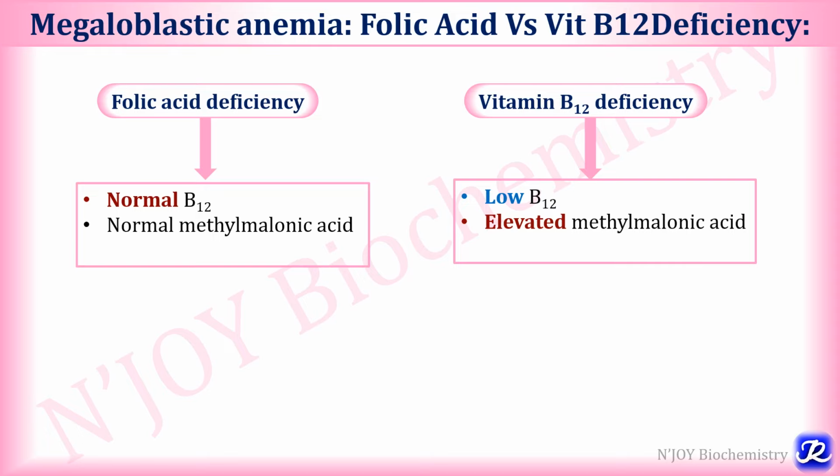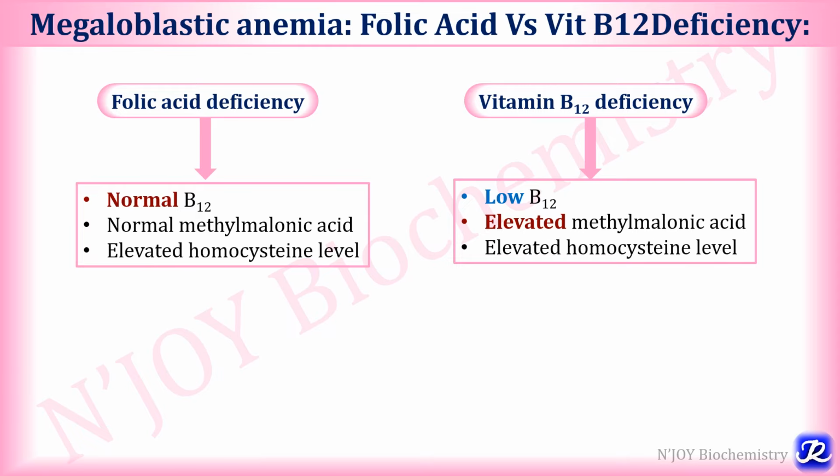Now, the methylmalonic acid level in the blood will be normal in folic acid deficiency, but it will be elevated in vitamin B12 deficiency, and homocysteine level will be elevated in both the conditions. So that's how by estimating vitamin B12 level and the methylmalonic acid level, we can find out whether the megaloblastic anemia is due to folic acid deficiency or because of deficiency of vitamin B12 or due to deficiency of both.